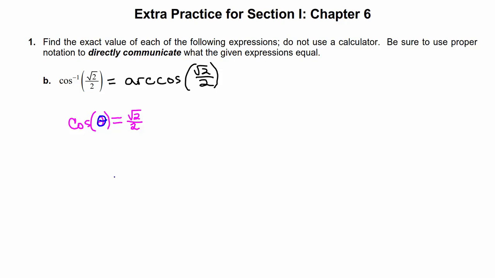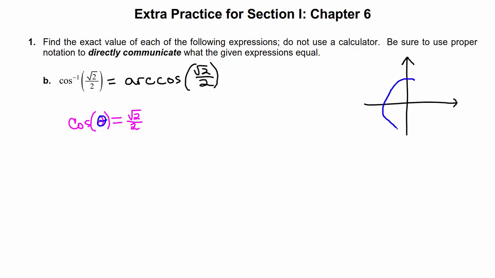But in order for cos inverse to be a function, we had to restrict the domain of our cosine function to define inverse cosine. It's a bit complicated. It's just explained in our online class notes.